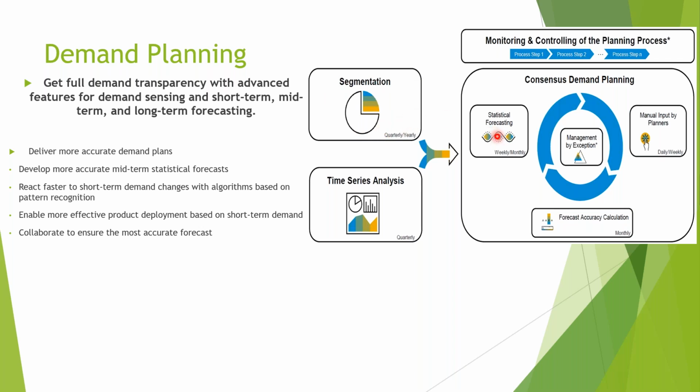We can execute the stats forecast job only for those under the segmentation of category A, which are high revenue generating, and then category B, which are medium revenue generating, separately. So if there are two planners in the demand planning team, one can concentrate on the high revenue generating products, and the other planner can concentrate on medium and low revenue generating products, right? Like that we can bifurcate.